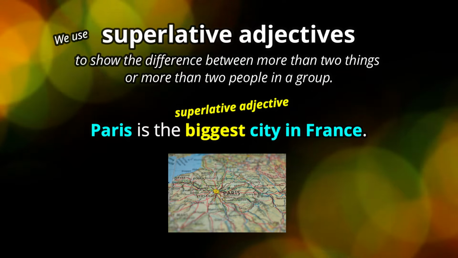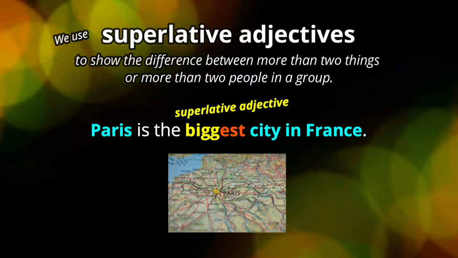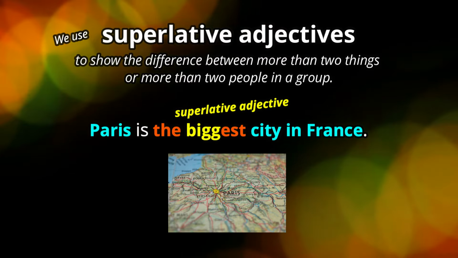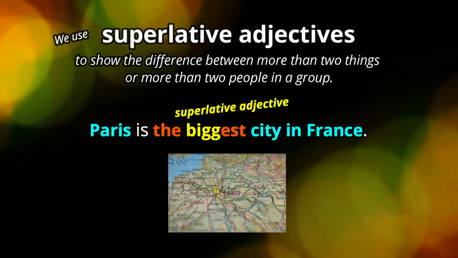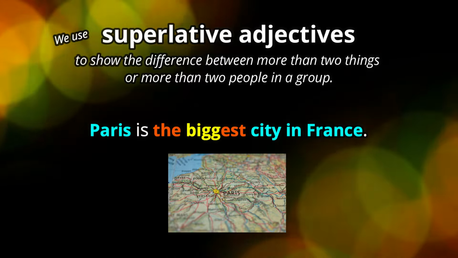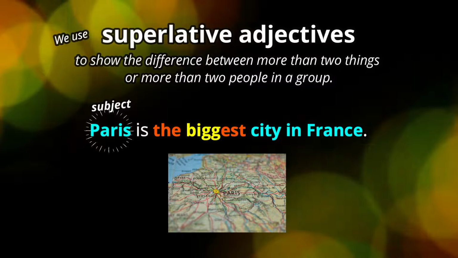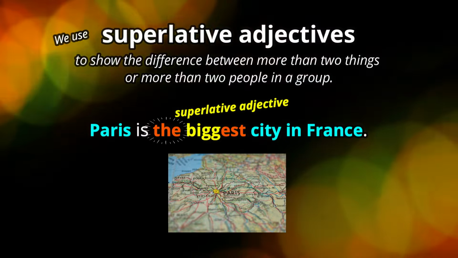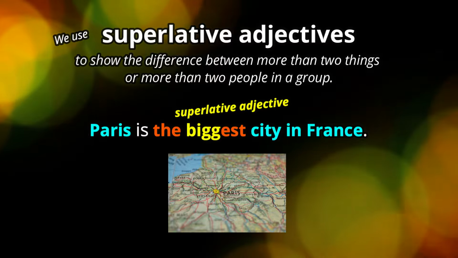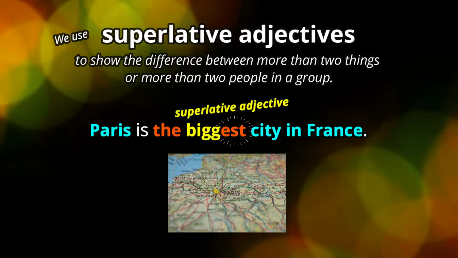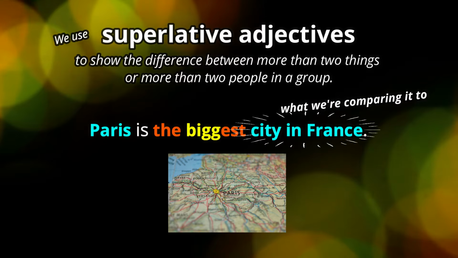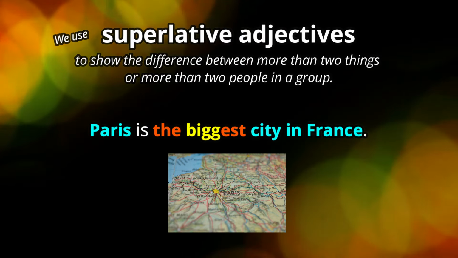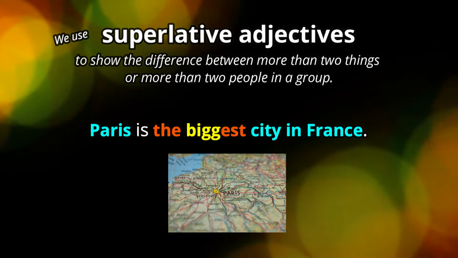And when we use that EST, we always use the in front of it. So the biggest. Okay, do you see that? And that's the structure. Okay, we have our subject, and then we have is, and then we have the, whatever that superlative is, with the EST, and then we have what we're actually comparing it to. And that's all the cities in France. Okay, you got it?